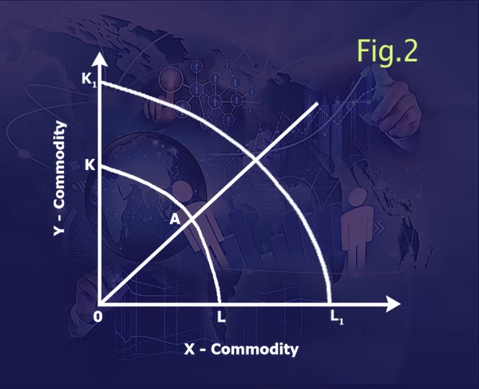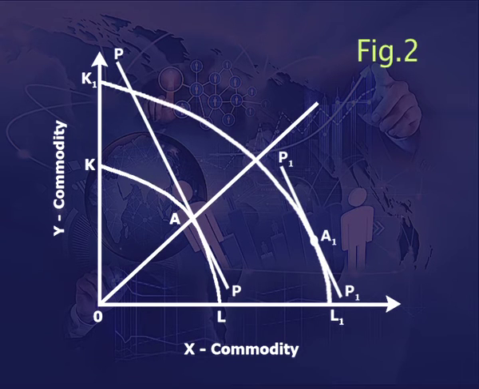When the supply of labor increases, the new production possibility curve is K1 L1. The higher production possibility curve K1 L1 implies an increase in national income. The new equilibrium position is at A1, where the price line P1 is tangent to K1 L1 and is parallel to price line P. But A1 cannot possibly be an equilibrium point at the higher national income level, except if Y is an inferior good.